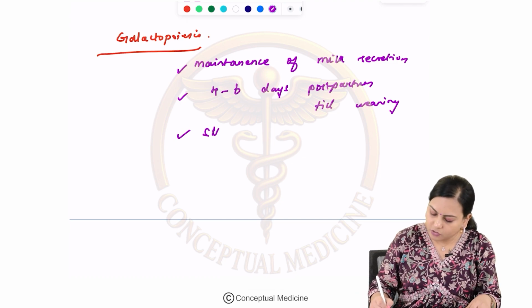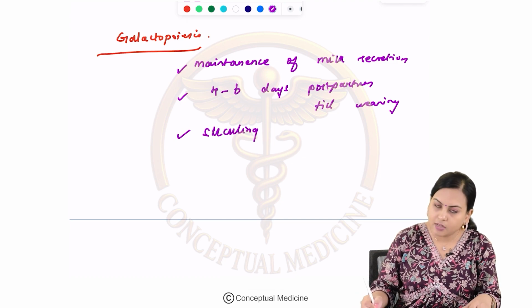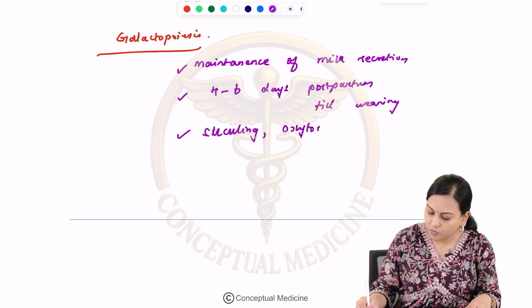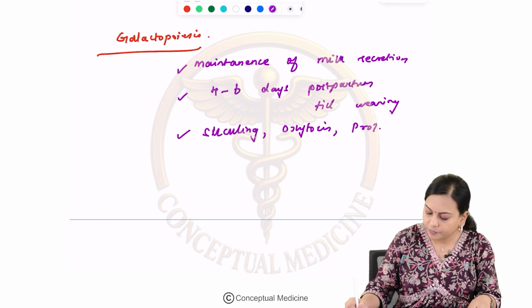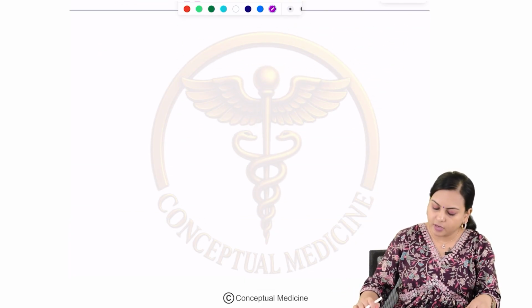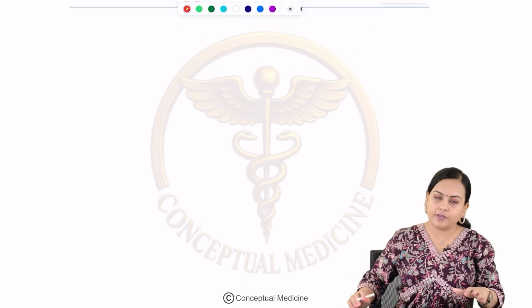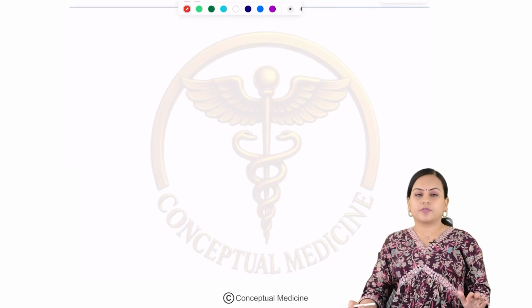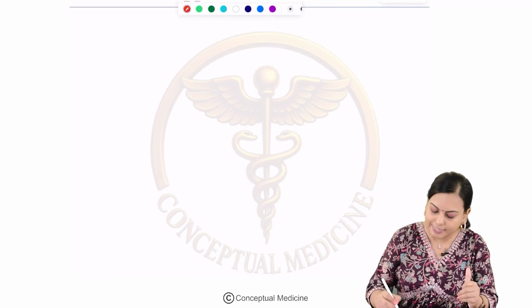This happens due to suckling as well as the hormones oxytocin and prolactin, but more importance is due to prolactin here. Clear? Now, I will let you know the difference between the hormones oxytocin and prolactin once again to make it even more clear.